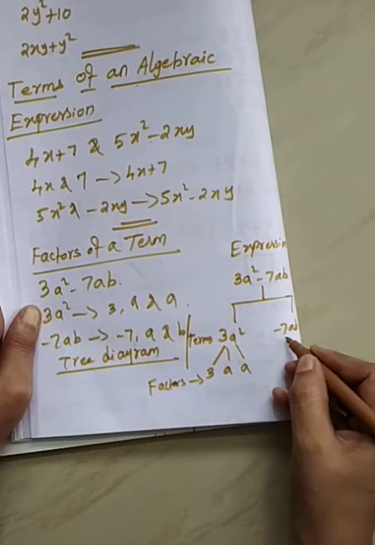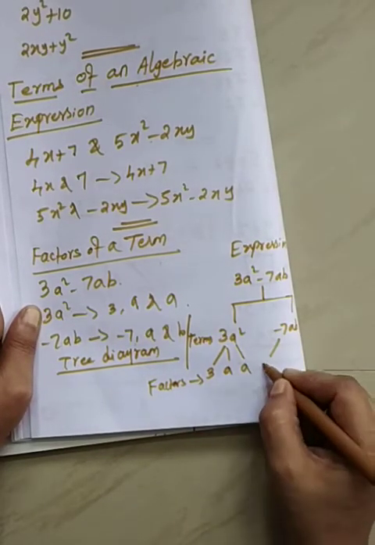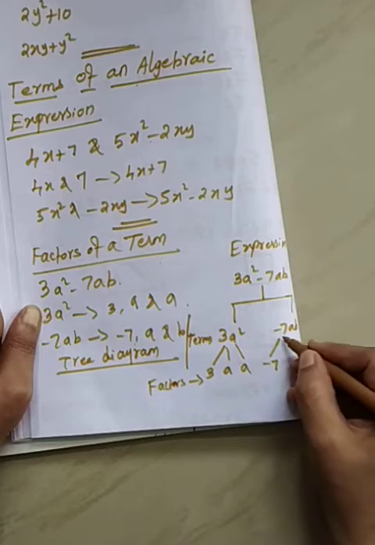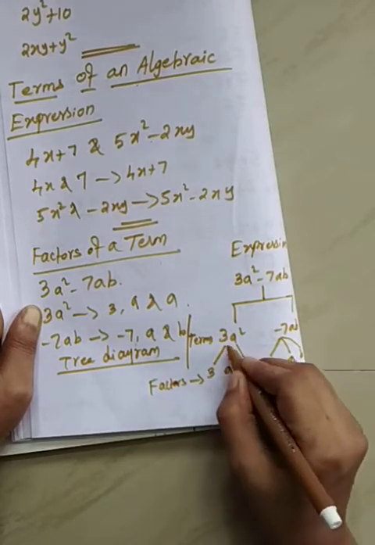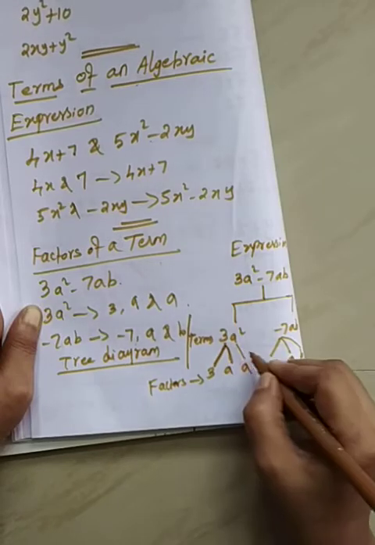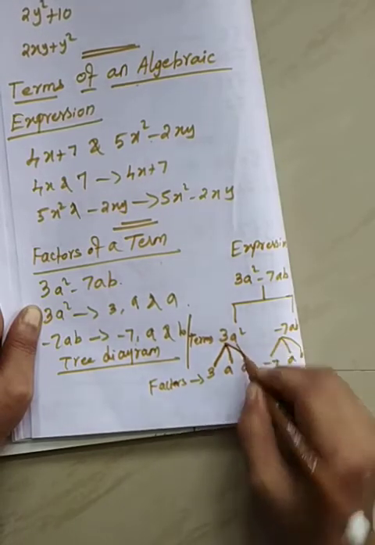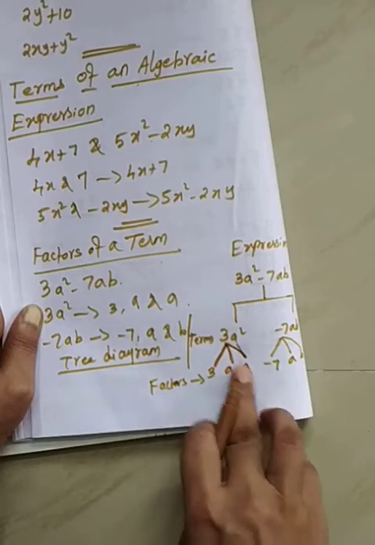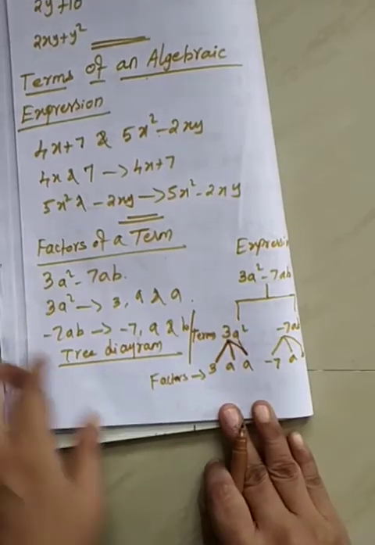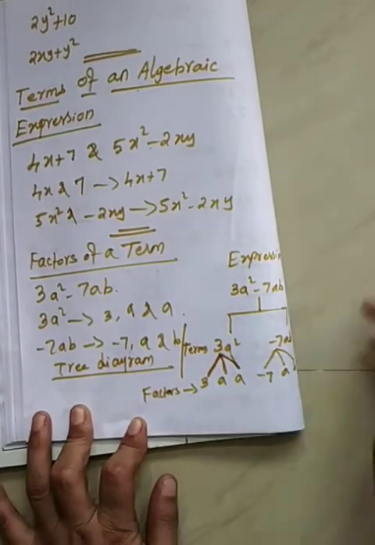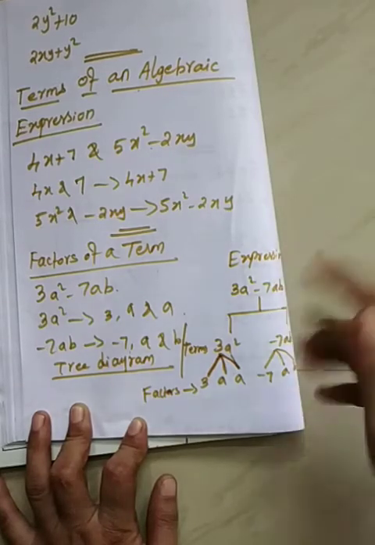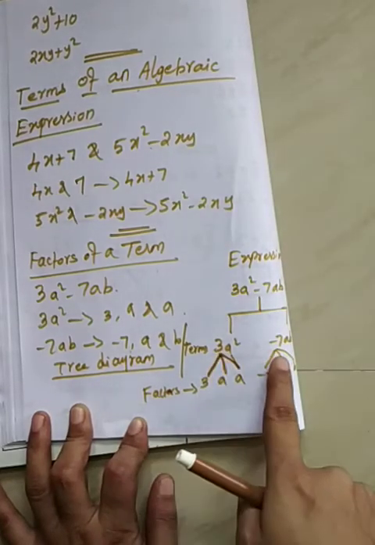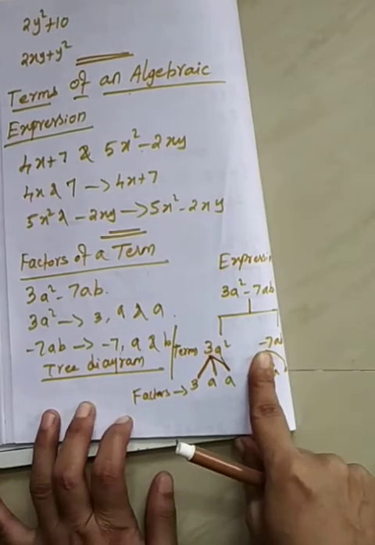In this one, minus 7a and then b. And this is 3a and then another a, that means 3 comma a comma a, 3a squared. This is the expression, and this expression has two terms, 3a squared and minus 7ab.